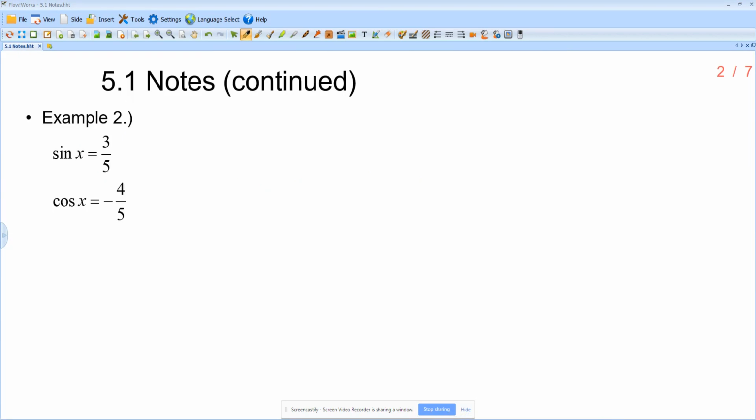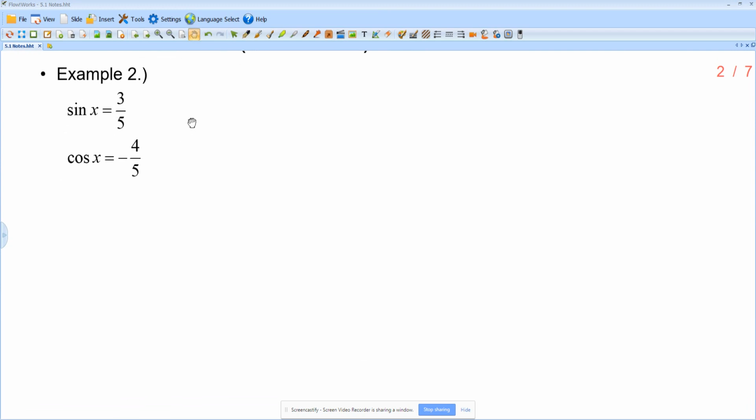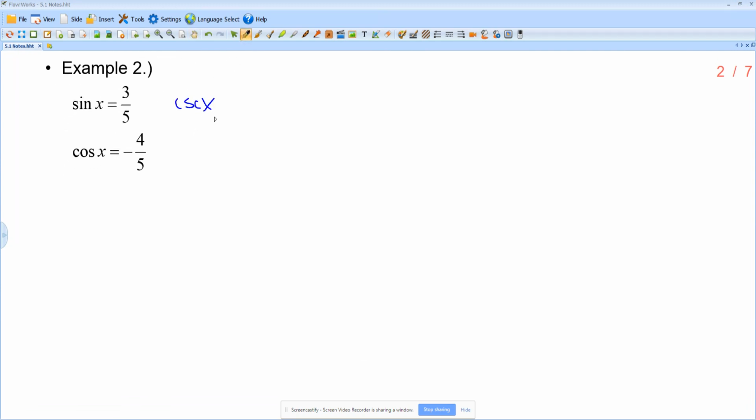All right, so if I have sine of x equals 3/5, cosine of x equals negative 4/5, I can get some of those really quickly. And this one I could probably even do without the triangle. So if sine is 3/5, that means that cosecant x, where x is just an angle, same thing as theta, is equal to 5/3. Secant x is equal to negative 5/4.